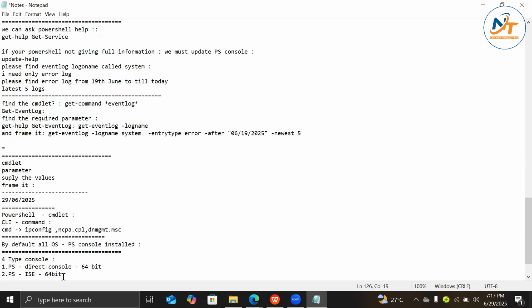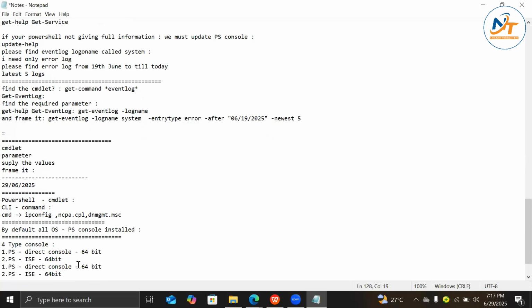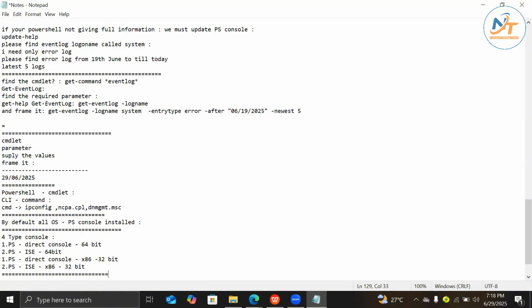And the same we have as third and fourth: Microsoft still kept the 32-bit, which is called x86. x86 indicates the 32-bit direct console, and for ISE we have 32-bit, again x86. Why? Because Microsoft still kept 32-bit when PowerShell was introduced.